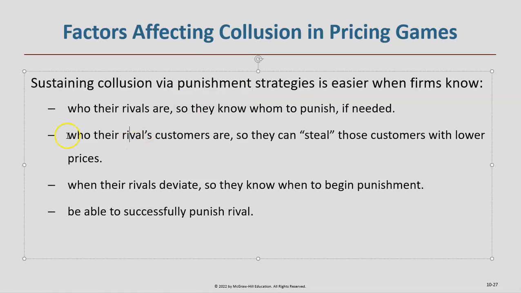Another good piece of information is to know who your rival's customers are, so you can steal those customers with lower prices. If you don't know who the customers are, then you don't know who to reach out to. You don't know who to send your salespeople out to try to get those customers' business with the lower prices.